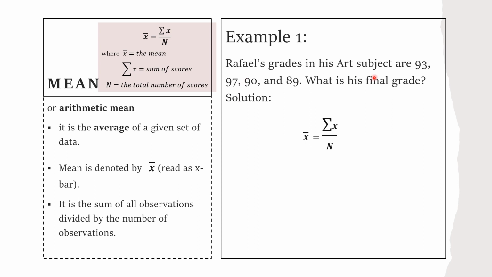We have 93 plus 97 plus 90 plus 89 divided by the total number of scores. How many grades does Raphael have? 1, 2, 3, 4. Therefore, his average in his art subject is 92.95.